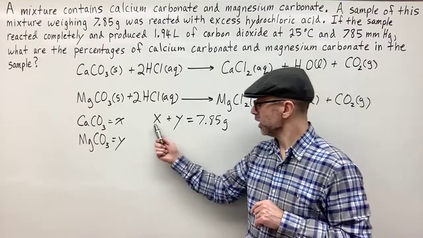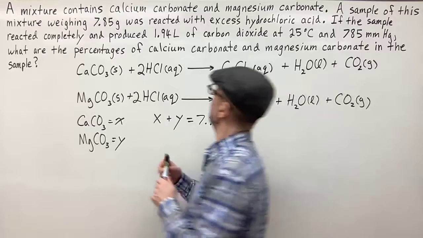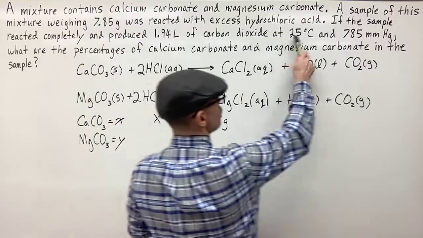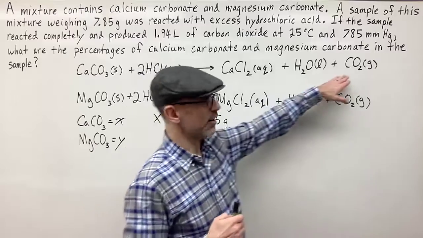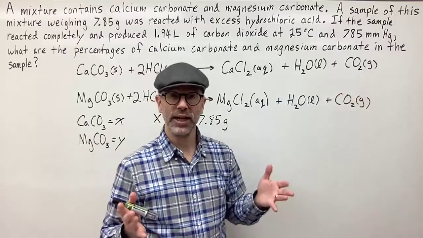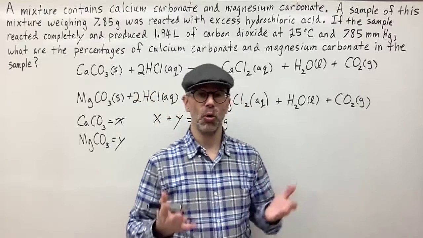I have to convert this to moles because notice they gave me temperature and pressure, and we're dealing with a gas, carbon dioxide, so we're going to have to use a gas law, the ideal gas law. So in order to use the ideal gas law, I need moles.